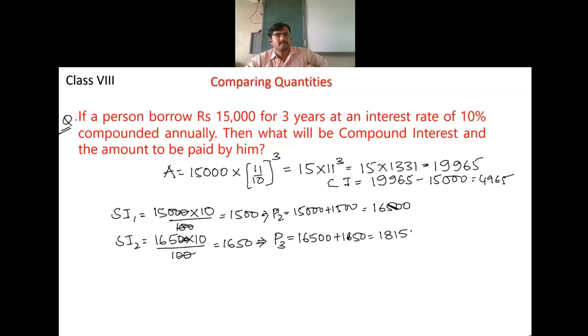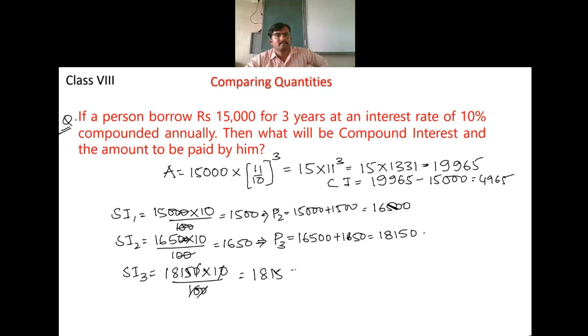18,150. Now the simple interest for the third year is 18,150 multiplied by 10 upon 100, so we get 1815. Earlier there was a mistake, if you observe.